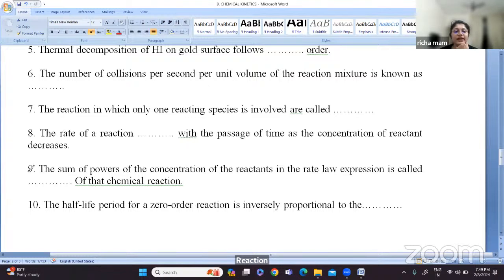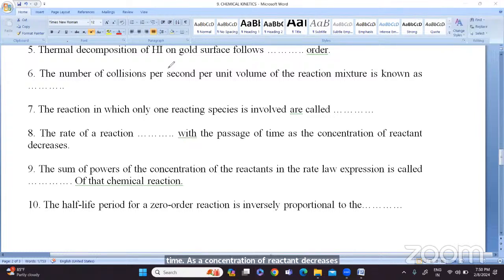Next question. The rate of reaction dash with the passage of time as the concentration of reactant decreases. What happens to the rate of reaction with time as the concentration of reactant decreases?